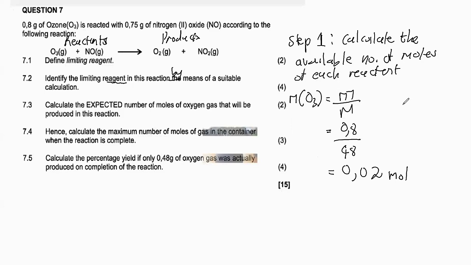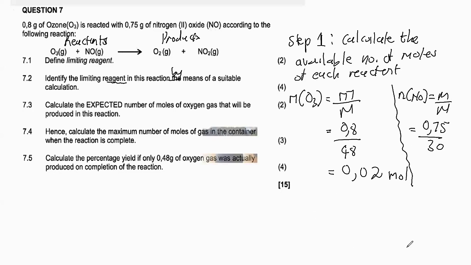Now we can also calculate the number of moles of the nitrogen oxide. That's mass over the molar mass. The mass of the nitrogen oxide we are given to be 0.75, and the molar mass is nitrogen 14 plus 16, which gives us 30.